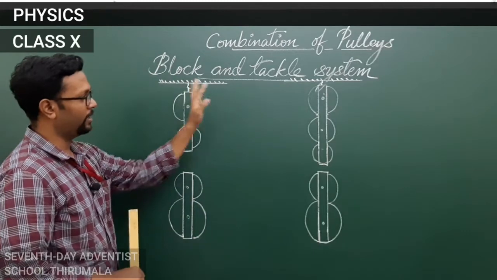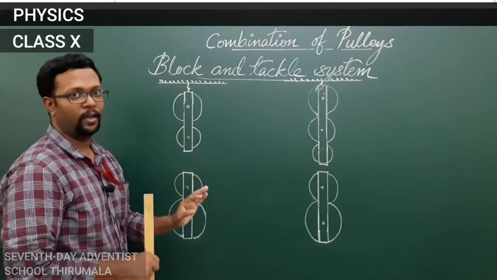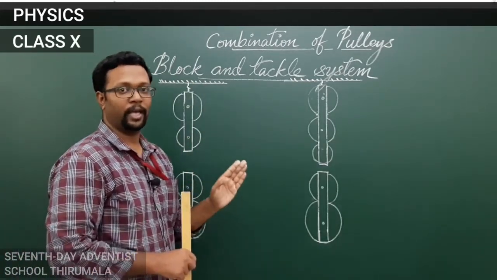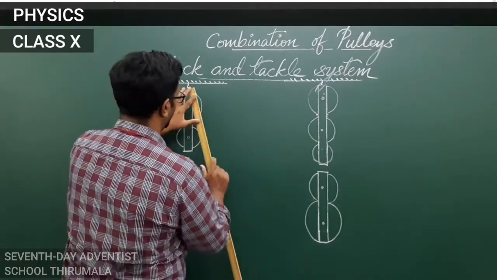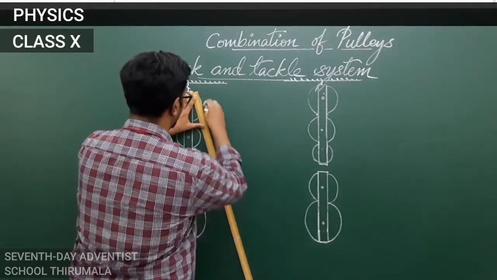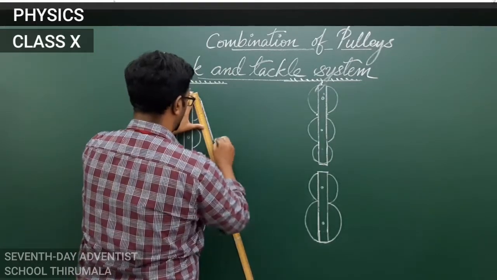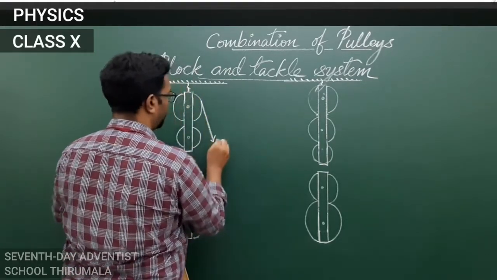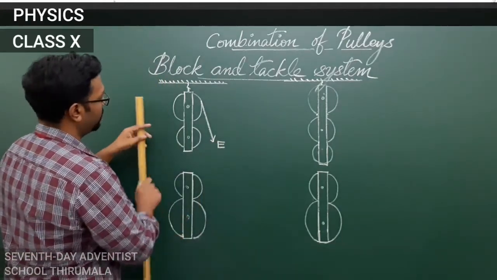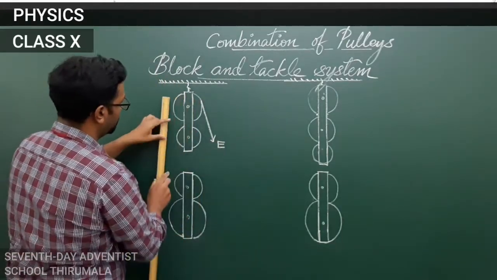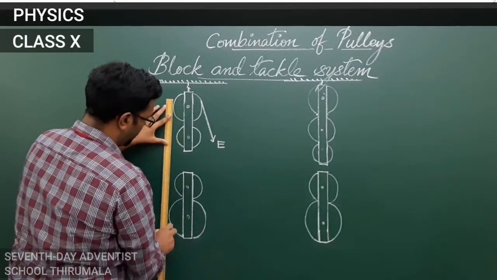After drawing this, when you run the thread, always start from the effort. This is how you draw the effort. Effort E in this direction, and the thread coming through this pulley, we will continue this thread to the last pulley.